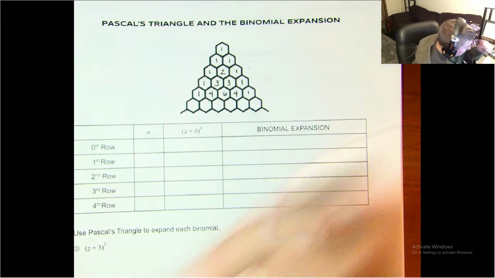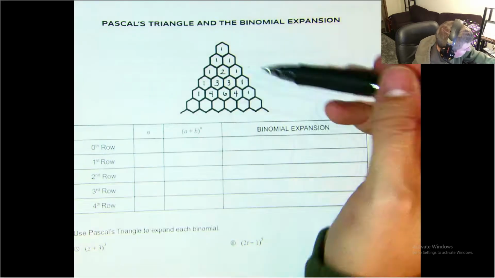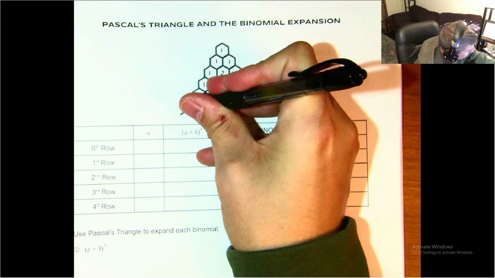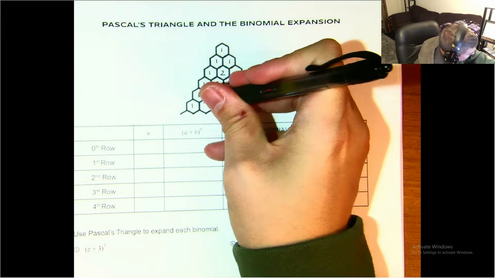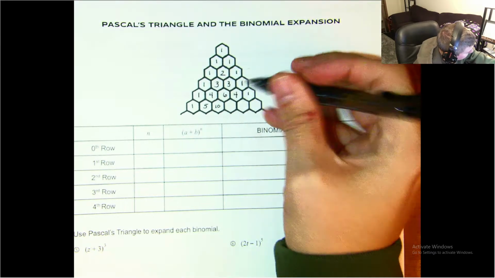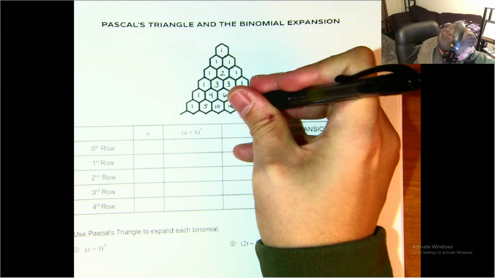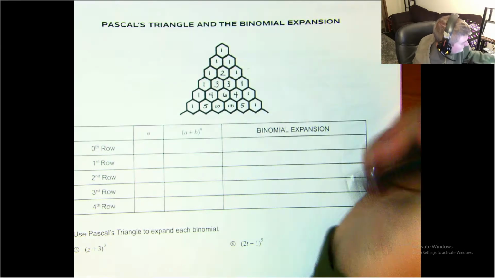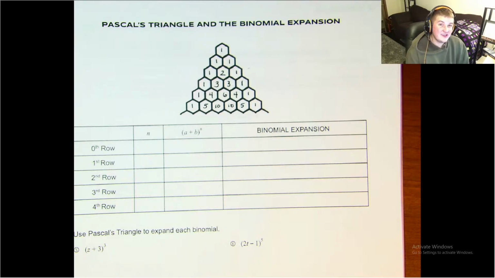Okay, now if I have here, this would be 1, and this would be 5, this would be 10, this would be 10, this would be 5, and this would be 1. Okay, and what this does is this actually gives us the coefficients of our binomial expansion.